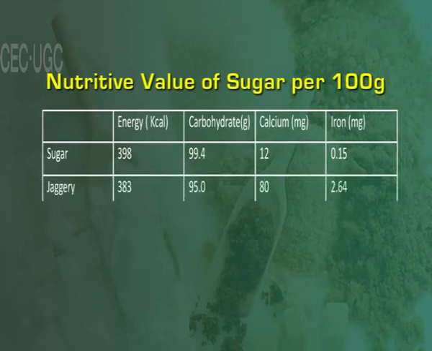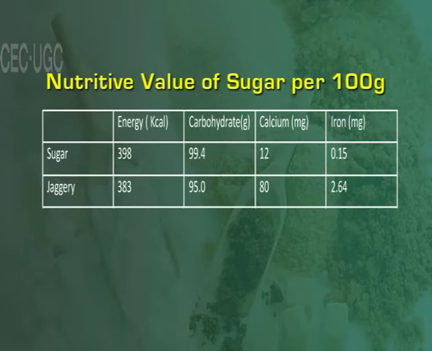Next is the jaggery, which provides about 383 kilocalories per 100 grams, 95 grams of carbohydrate, 80 milligrams of calcium and 2.64 milligrams of iron. So, comparatively jaggery has a little higher amount of calcium as well as iron.